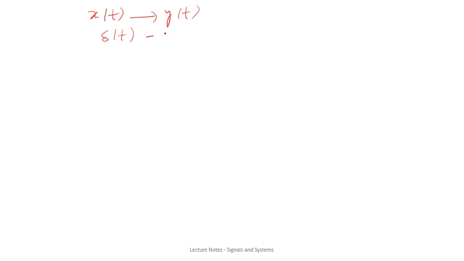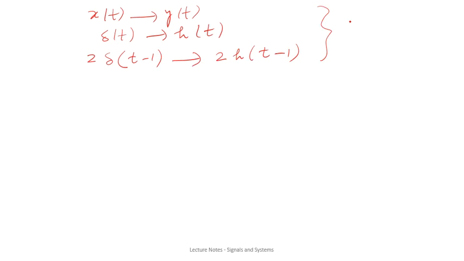Similarly, if delta(t) is the input, it will give you the output h(t), which is called the impulse response. You already know this. And if this is the input, then the output will be twice of h(t-1). These relationships can be written only if the given system is an LTI system.